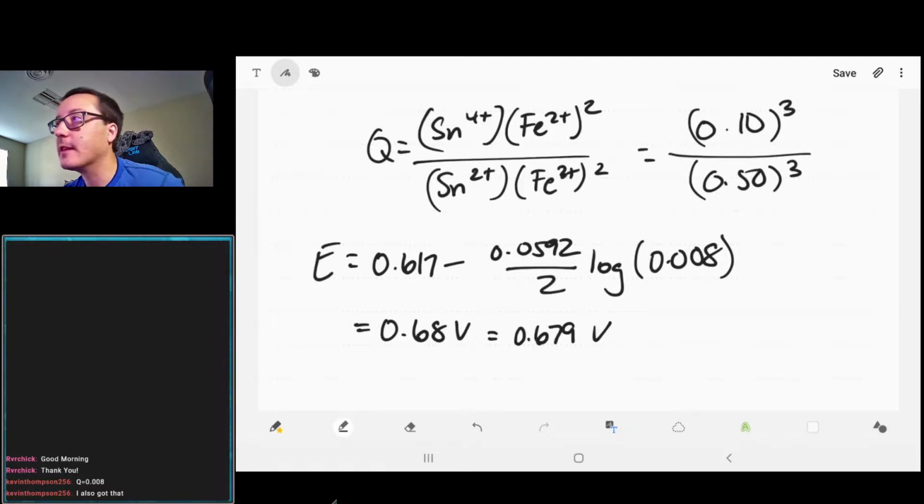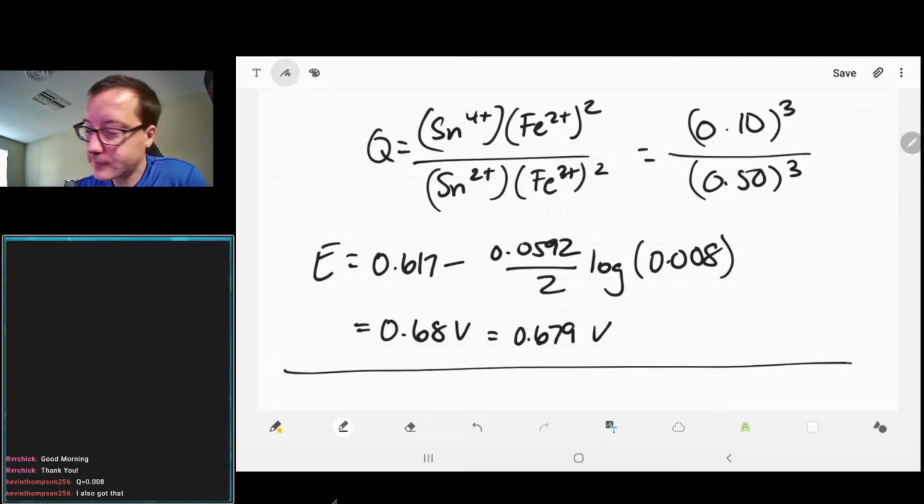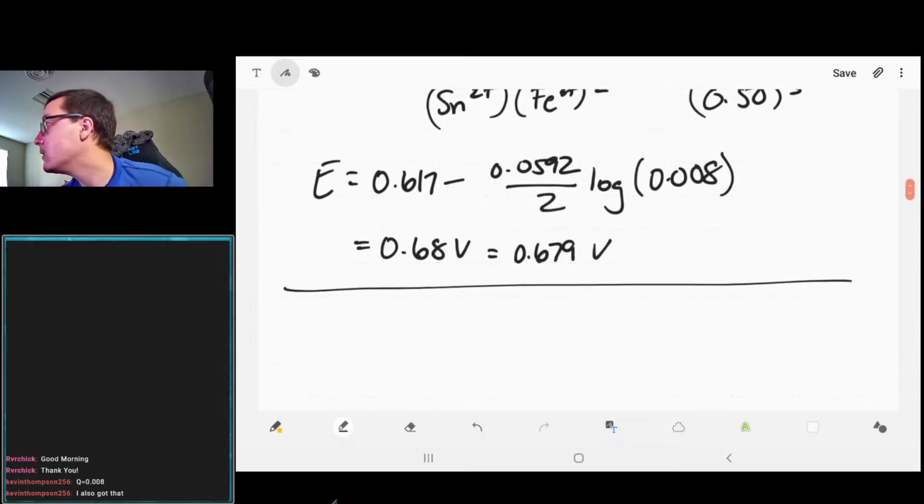Alrighty. Let's look at your other question. We're ranking these from most soluble to least soluble. Remember, we can only compare solubility in terms of molar solubility. So we have barium nitrate with its Ksp.